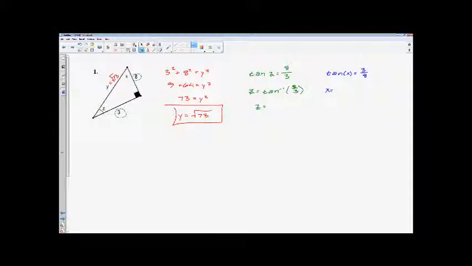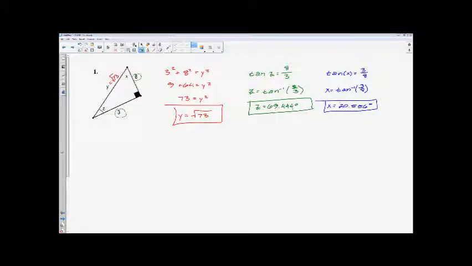And to solve for x, we will do the inverse tangent of 3/8. And we'll punch both of those in the calculator. I do prefer these answers to be in degrees. I typically like radians, but for this section and on this test, let's keep our calculators in degrees. All right, there we go. So that's what we get for z and x.